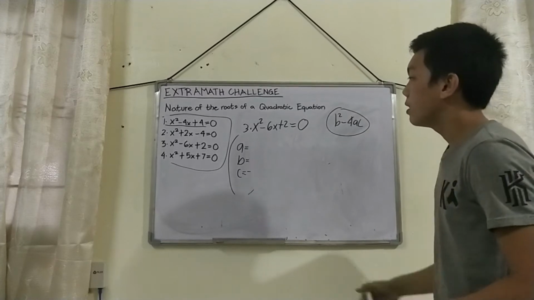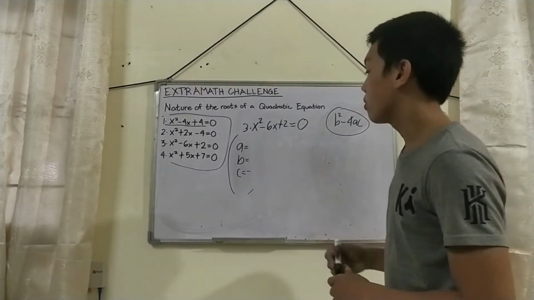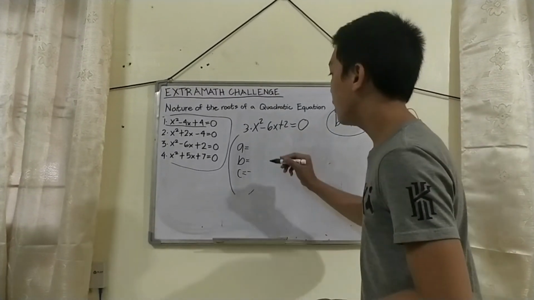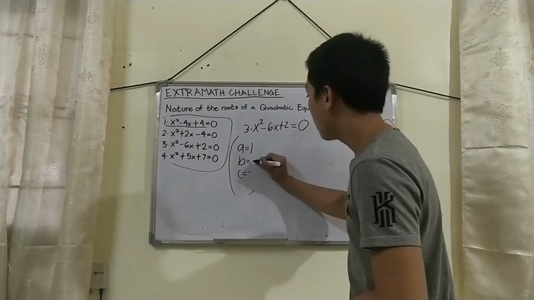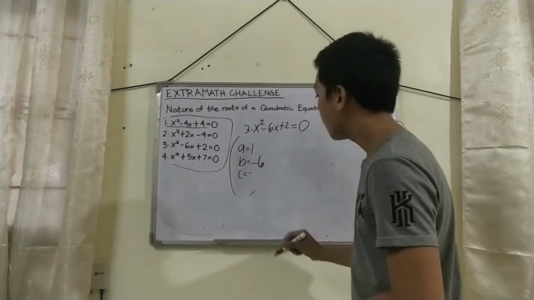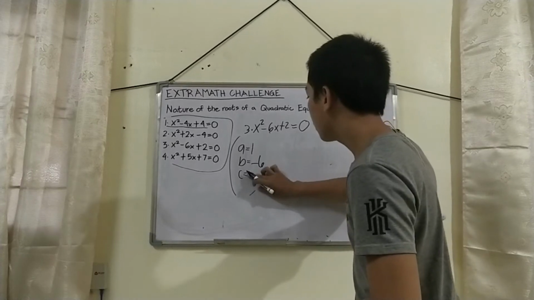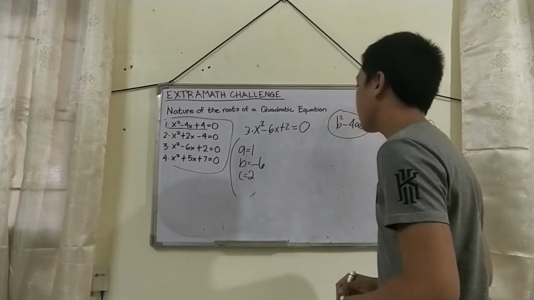Let's identify the values of the variables. a is equal to 1, b is equal to negative 6, and c is equal to 2.